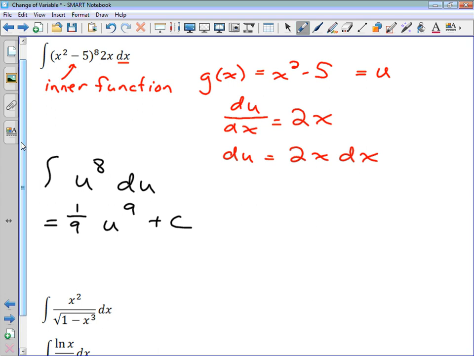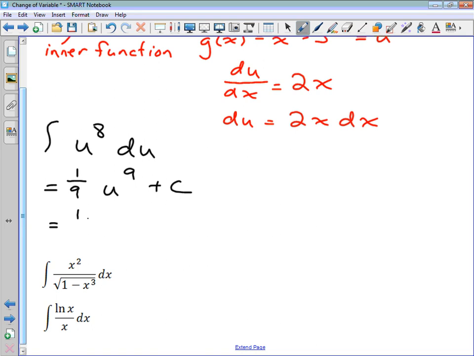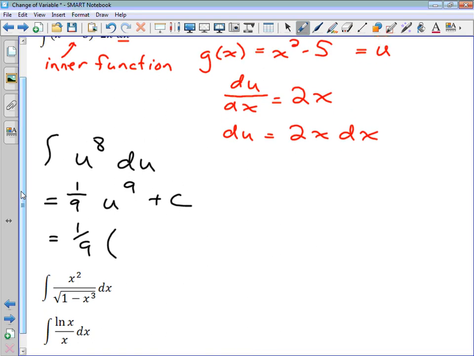We take this thing that we've defined as being u, and we substitute it back in here to get this in terms of x. So u is actually equal to x squared minus 5, so we get 1/9 x squared minus 5 all to the power of 9 plus c. So we take our complicated integral, make a substitution to turn it into something a little bit simpler, do our integration, and then do our substitution the other way.